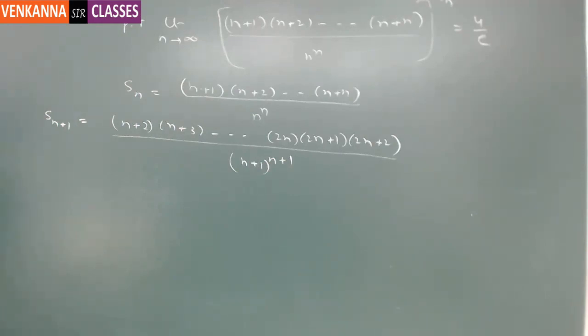Yes, n plus 1 indicates that in place of n in the above expression, we are writing n plus 1. So the last term will be 2n plus 2. Since it is a product in the numerator, the previous terms are also taken into consideration. Could you agree? Any questions, please?